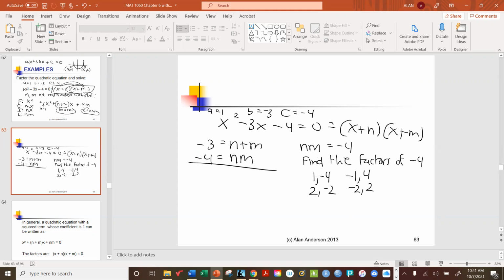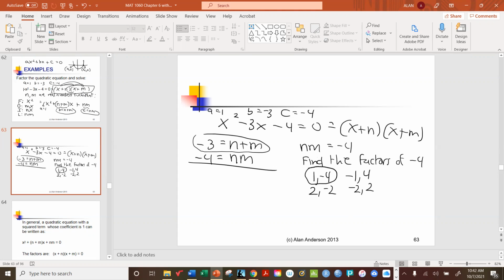Now, we want to pick the one pair of factors whose sum is -3. There are several combinations of numbers whose product is -4, but there's only one of these in which the sum is also equal to -3. And that would be this one.